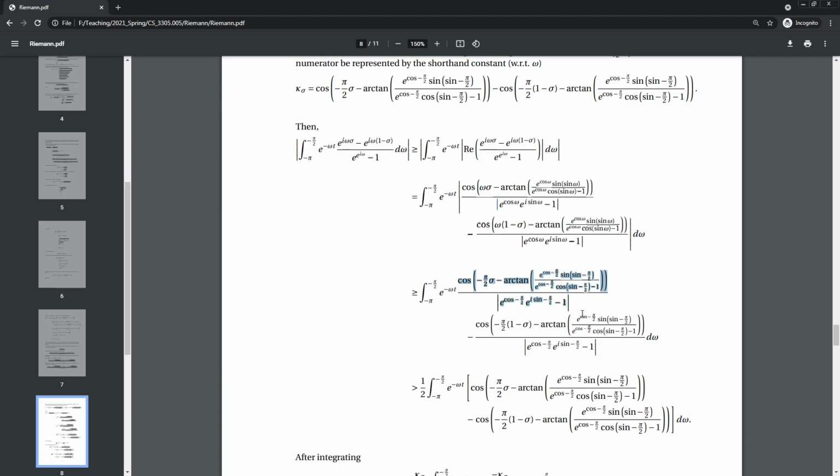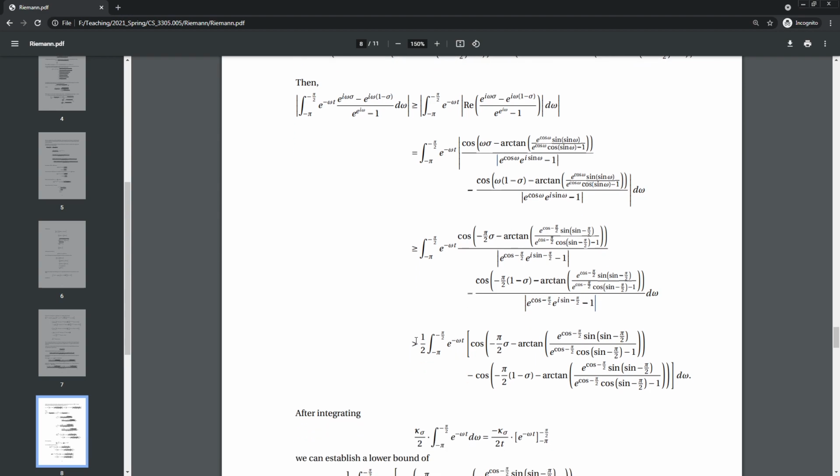And so we've established a lower bound. Then we get the strict statement by getting rid of the denominator. The denominator is maximal whenever its modulus is 2.